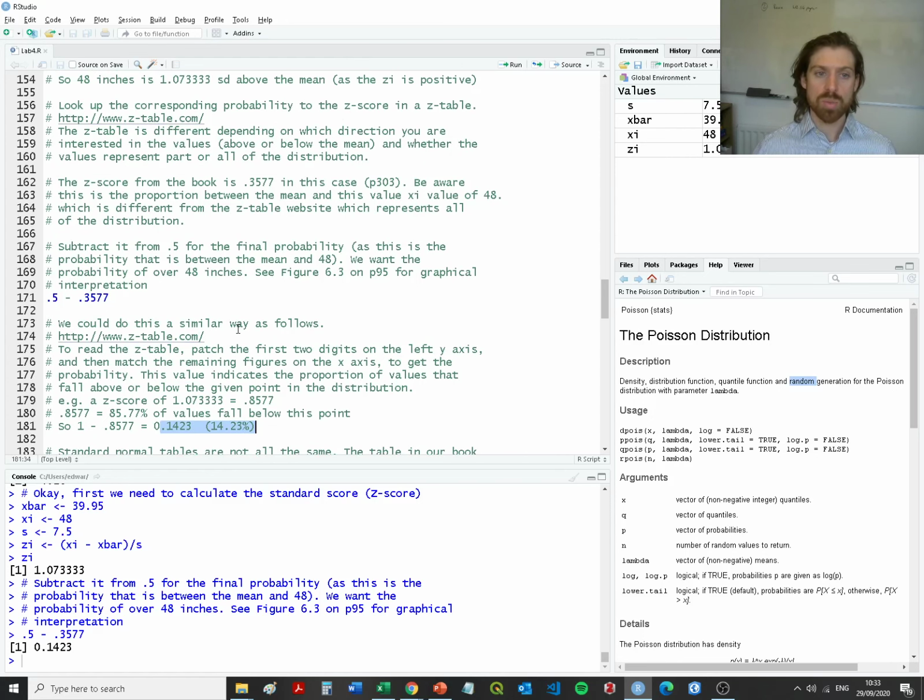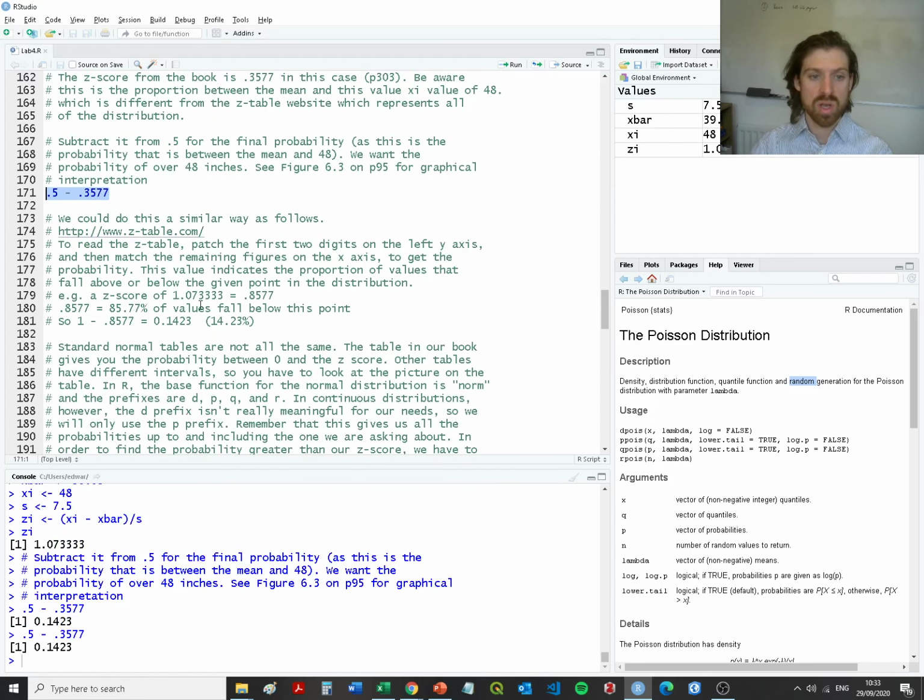And this matches up with the value that we got up here. So there we go. You can see now how we're able to answer this question using the information provided in the book, or also the information provided online, which uses a slightly different structure for how the results are reported.